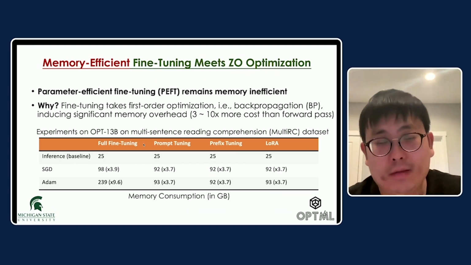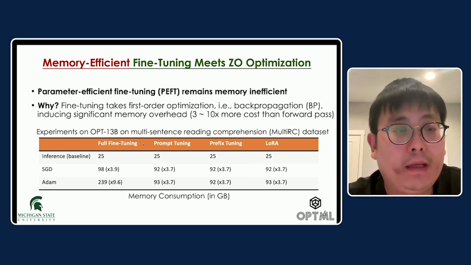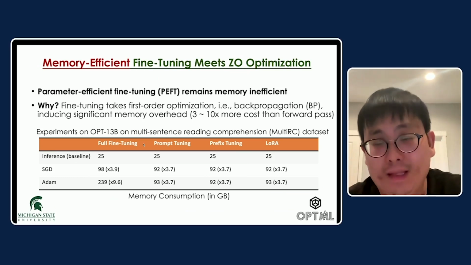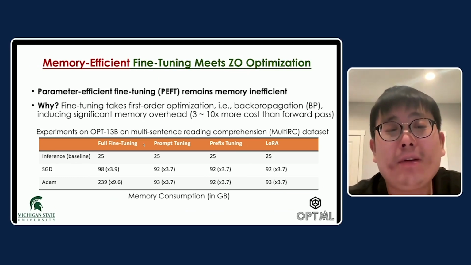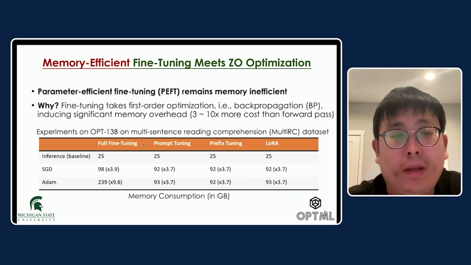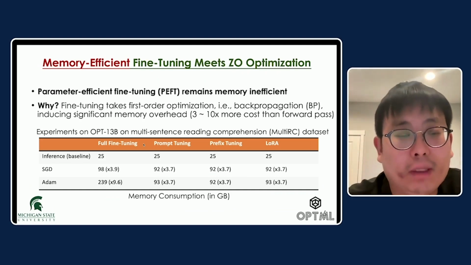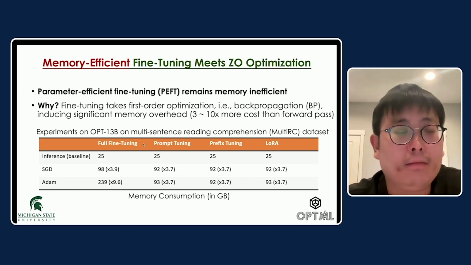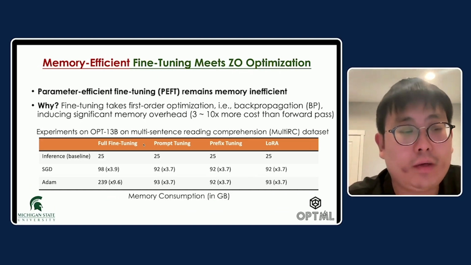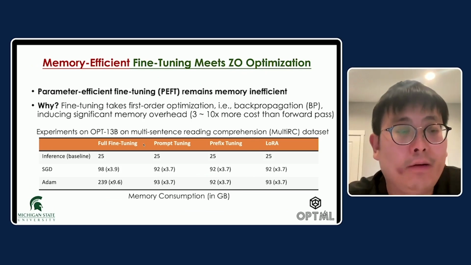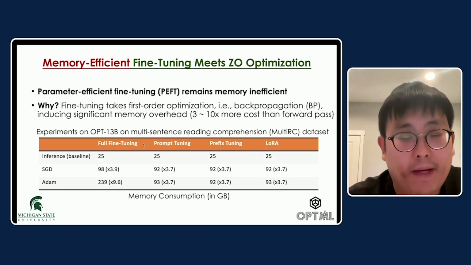So briefly speaking, fine-tuning where you have to take BP actually introduces a high memory overhead. It's 3 to 10 times more cost than for inference. And this memory cost will change based on the choice of the first-order optimizer.